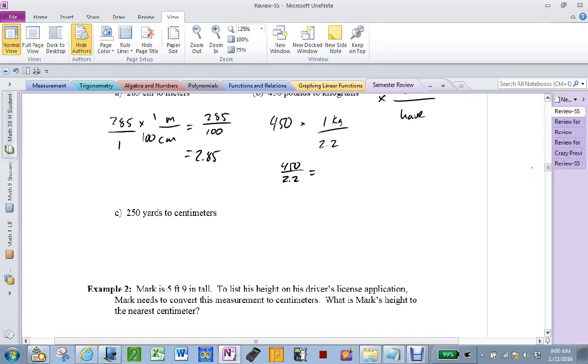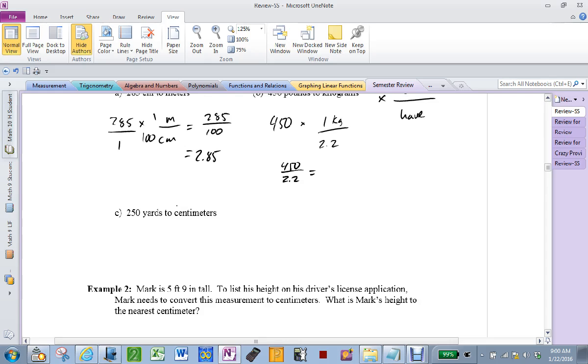Of course, you would estimate that, wouldn't you? Now, this one is hard. Why? Because on your data booklet, there is no yards to centimeters. There's inches. So you go yards to meters, meters to centimeters. Can you go yards to inches, inches to centimeters? Yeah. Can you go yards to feet, feet to inches, inches to centimeters? Can you go yards to miles, miles to kilometers?